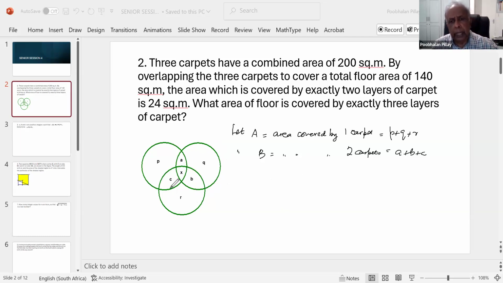So in other words, we're adding 12 numbers here to get 200, if you separate them. So how do you get those 12 numbers? So what actually happens is that you've got P plus Q plus R.